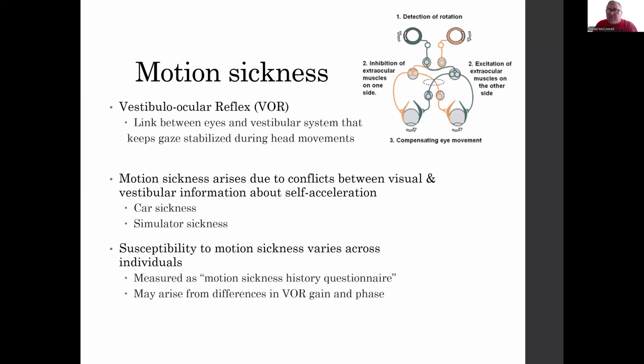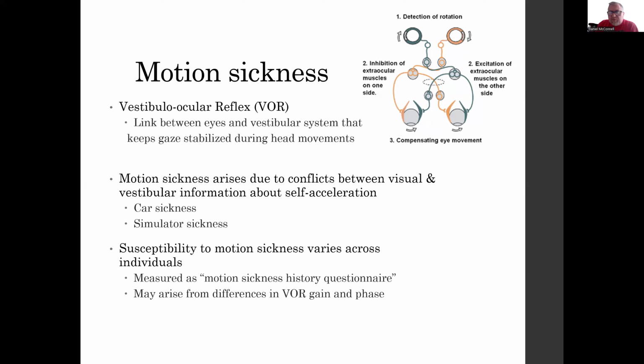So now to get back to our vestibular ocular reflex, or VOR, here we actually have a wiring diagram that shows how the detection of angular acceleration in the vestibular system sends a signal to the midbrain that then causes simultaneous excitation and inhibition of certain ocular muscles that are going to trigger the exact opposite rotation of the eyes. And so we're going to get this counter rotation, right?